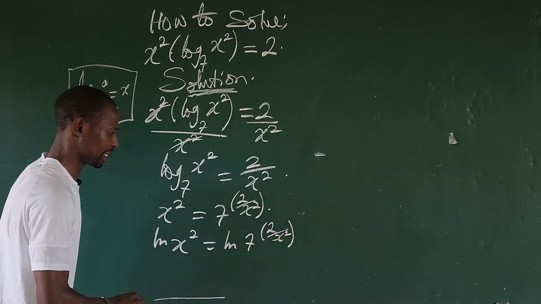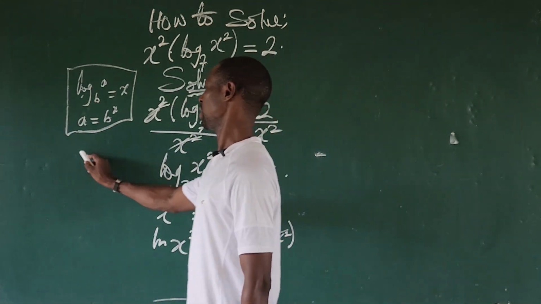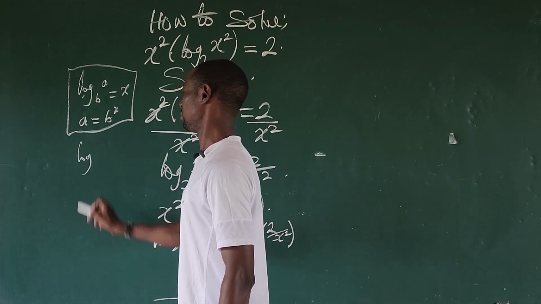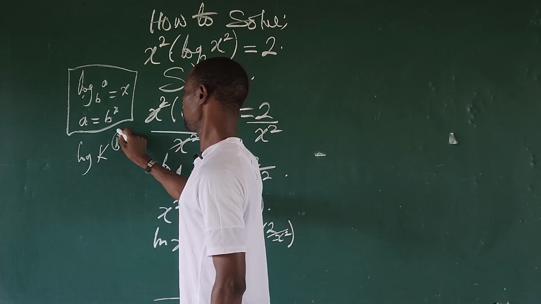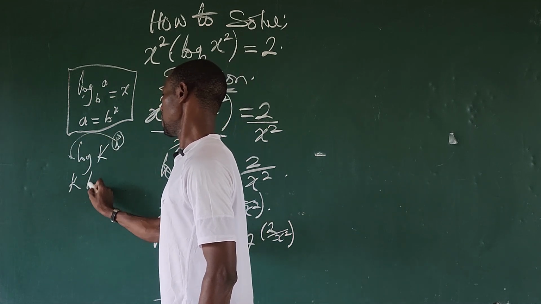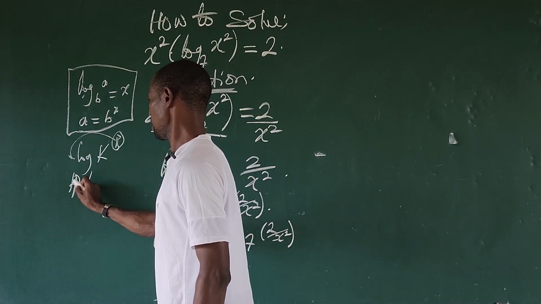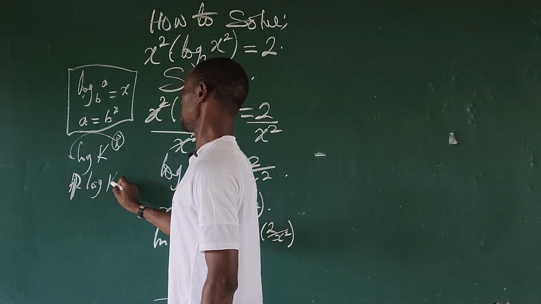Okay, we all know the law of logarithm, which says that if you have log k to the power of p, we move this p back here to give us p times log k.